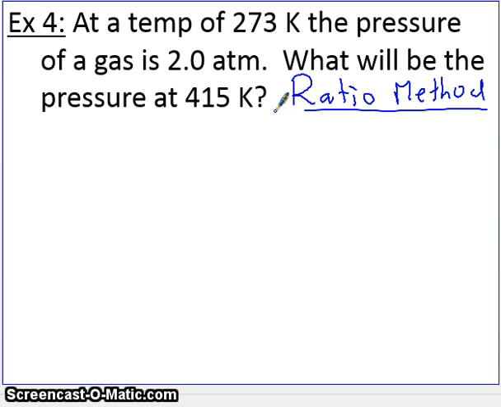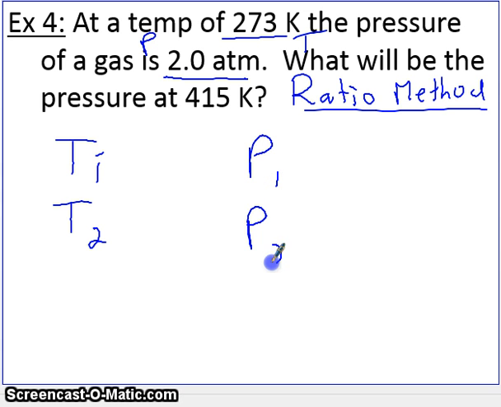The way we will work with the ratio method is we will put down our 2 variables. Here our variables are pressure and temperature. So I'll have T1 and T2, and we'll have P1 and P2.